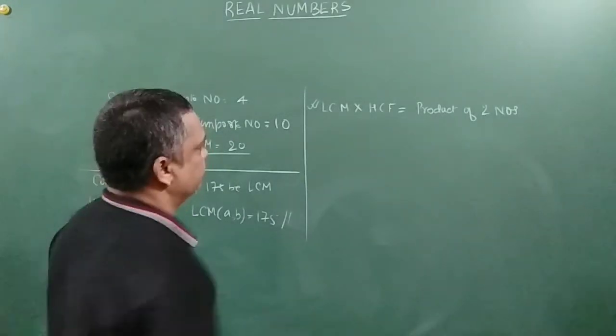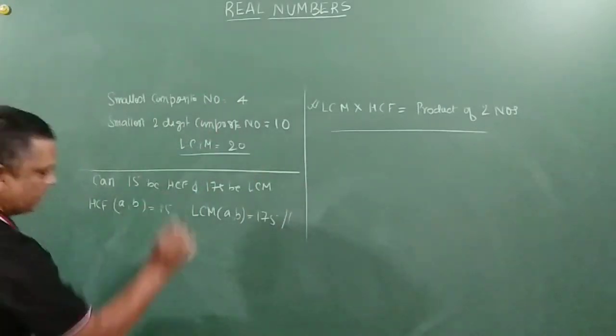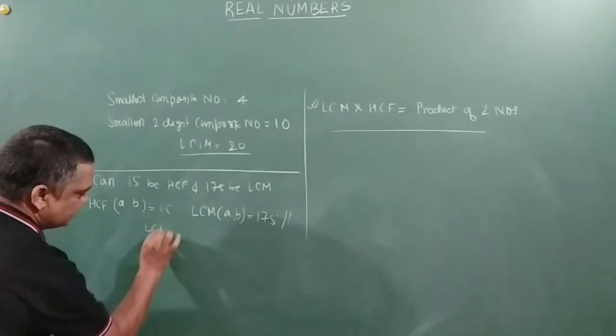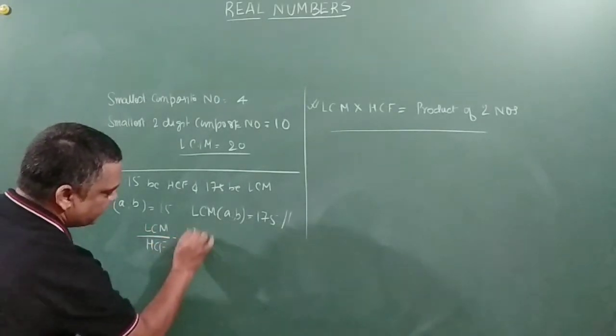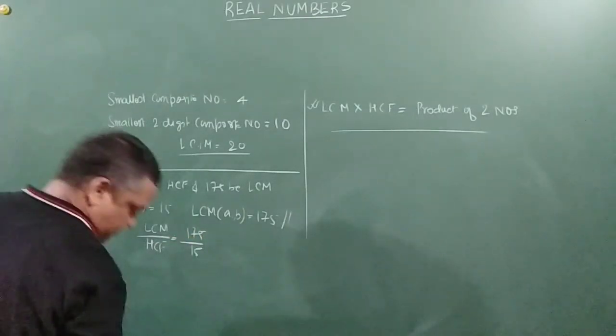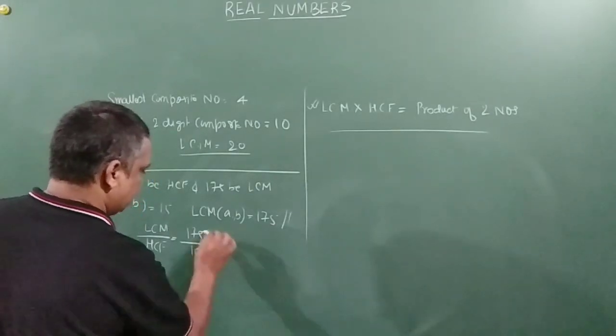Okay, right? So we will do it here only. First we will see LCM divided by HCF is equal to how much? 175 divided by 15. Okay, so does it divide exactly?